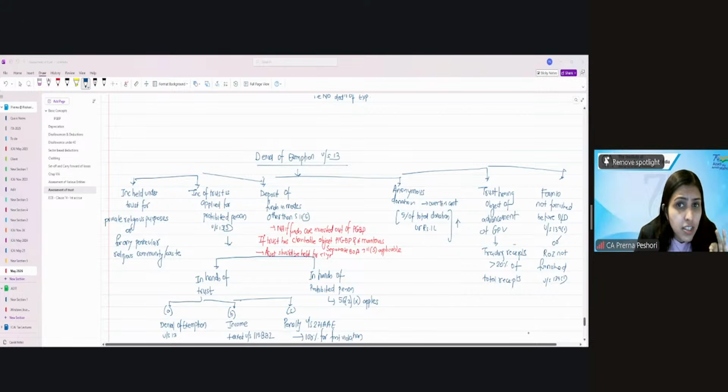And if the trust is denied the exemption, it will not be able to claim the application of the income. It will not be able to claim the exemption. Clear?